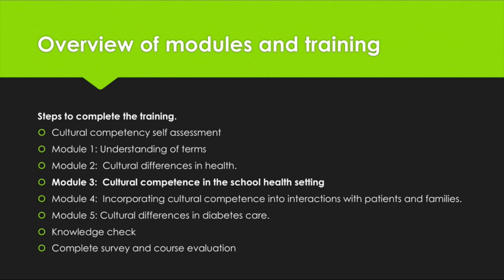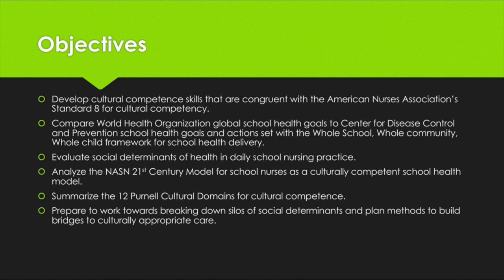Here is an overview of the modules and training. Where we are right now is at Module 3, which is a little bit more than halfway there. Cultural competence in the school health setting. We're going to compare World Health Organization global school health goals to what the CDC is suggesting for school health goals.